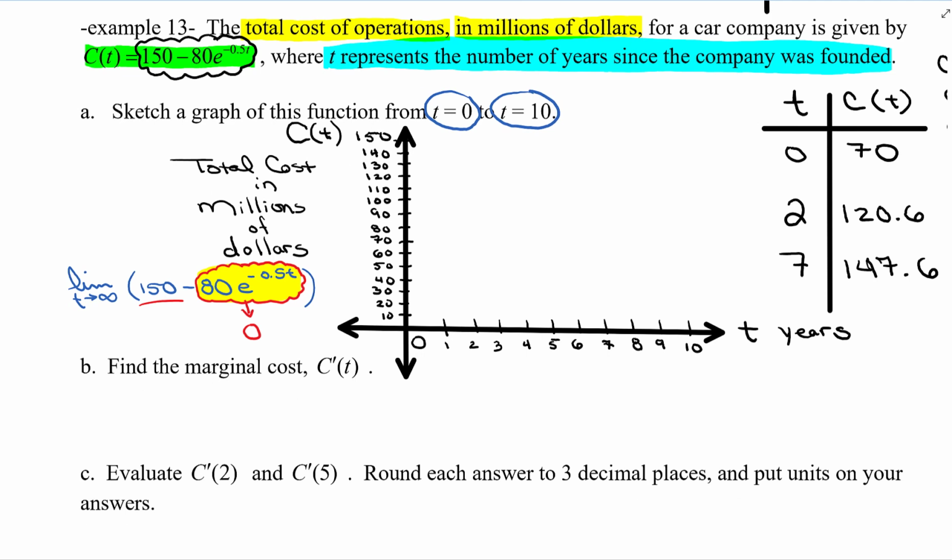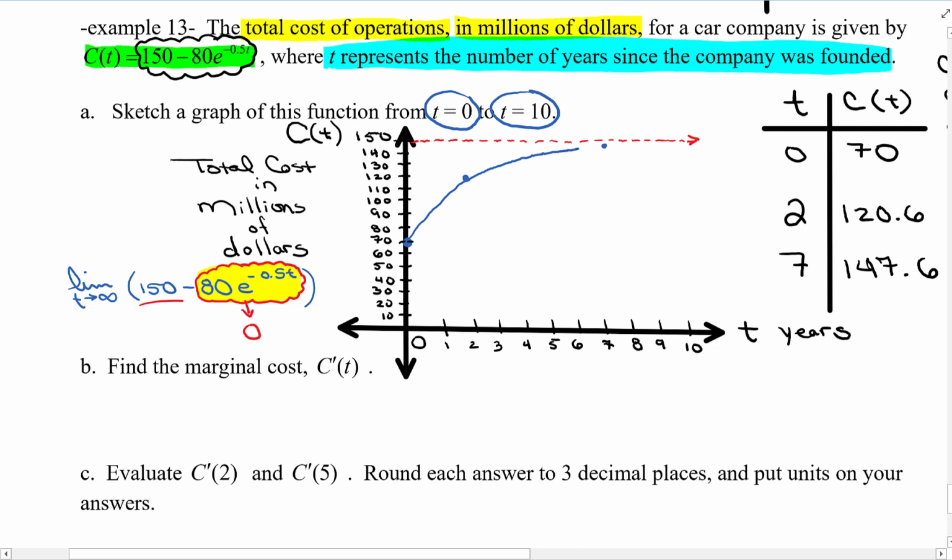Now that I have those ordered pairs, I can begin sketching my graph. I'm going to start by drawing the horizontal dashed line that represents my horizontal asymptote, so it helps guide me when I'm sketching. I labeled the point 0, 70, the point 2, 120.6, and the last point, 7, 147.6.